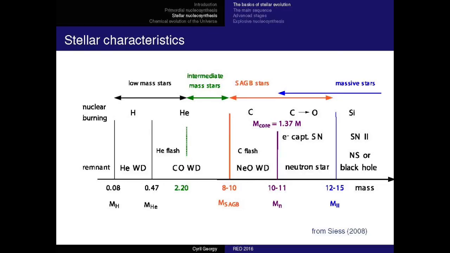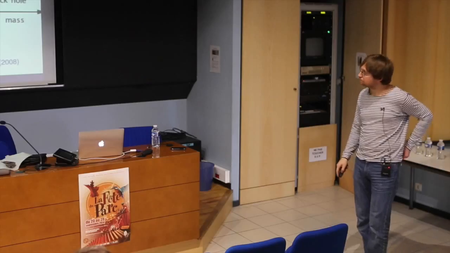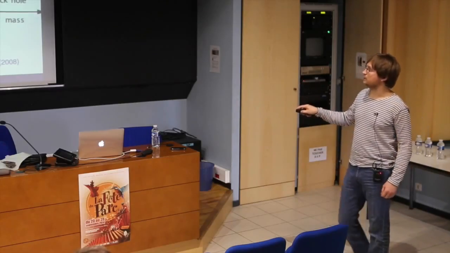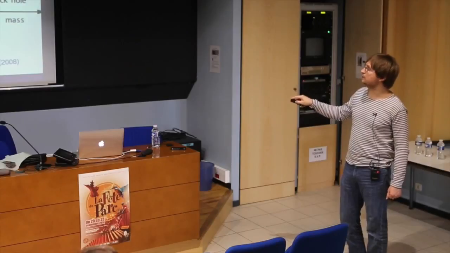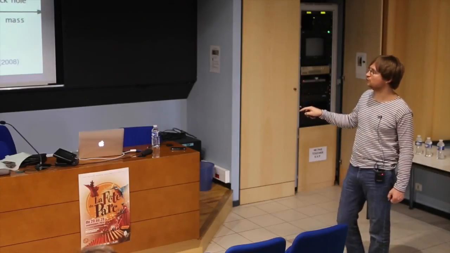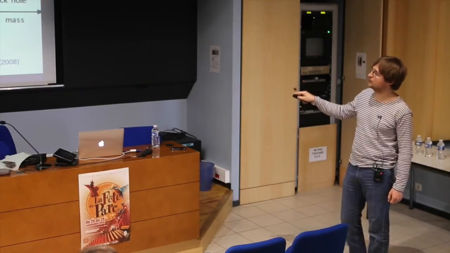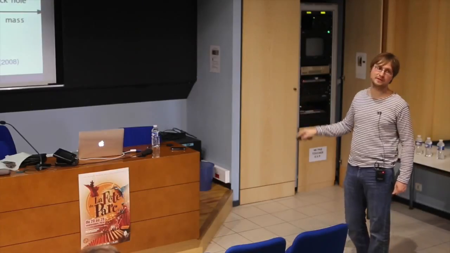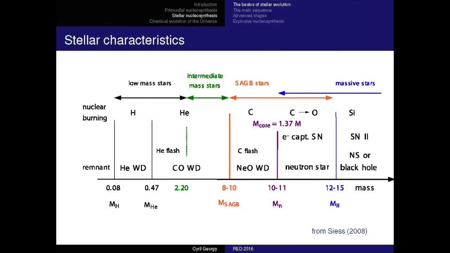But basically, the end of the evolution of this kind of star will produce a carbon-oxygen white dwarf. The limit for the helium flash is roughly 2.2 solar masses. So the sun is in this low mass star regime. It will ignite hydrogen and then helium, and then end its life as a carbon-oxygen white dwarf.